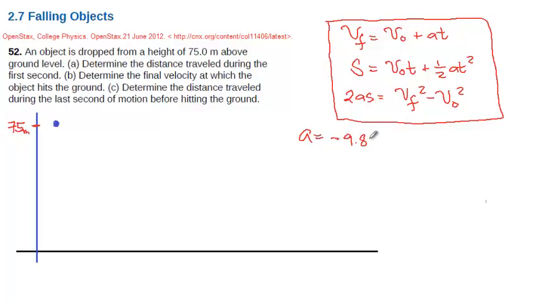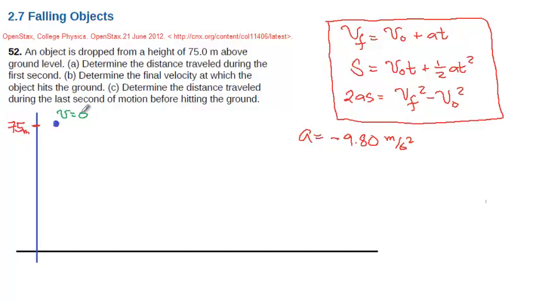Some use 9.81, but it's the same as long as you're consistent. That's a, always. Now, V initially of the ball is zero because it's just dropped freely, not thrown downwards.